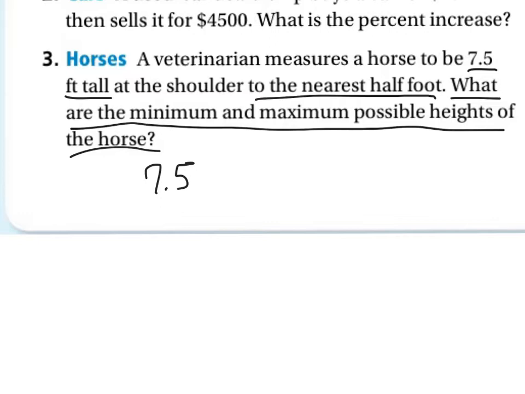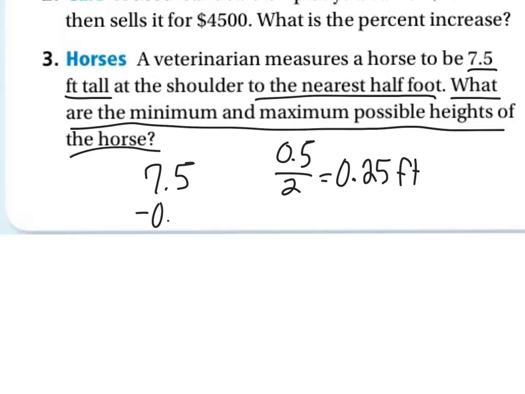So first of all, if they're going to 1/2 of a foot, if you want to do that as a decimal, you can. Here is okay, since they already got decimals anyway. We would want to figure out 1/2 of that would be the most we could be off by, which would be 0.25 feet, which is 1/4 of a foot, which would be 3 inches, I guess.